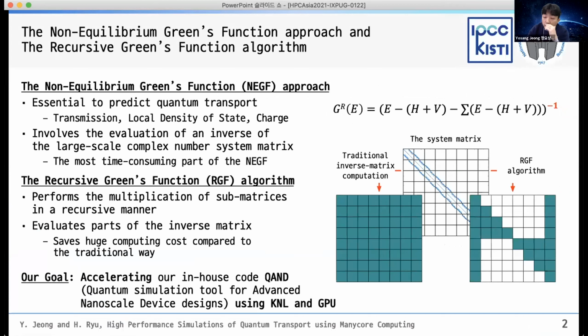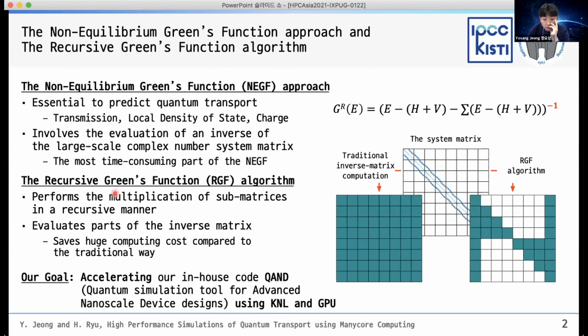Through this NEGF approach, results such as transmission, local density of states, and charge can be obtained. I'm not a physicist, so I'm not sure exactly what this means, but I know that the NEGF approach involves inverse matrix computation, and it takes a very long time to compute.